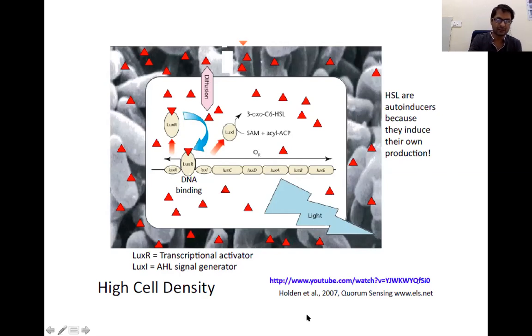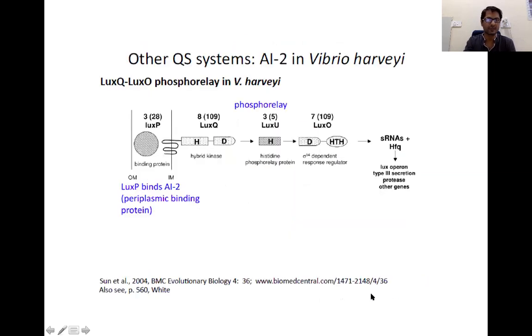There is another YouTube link by Holden et al. in 2000 on quorum sensing. I recommend you go through this YouTube link also. Then there is another example of the LuxQ-LuxO phosphorelay in Vibrio harveyi. This is from another paper in 2004.